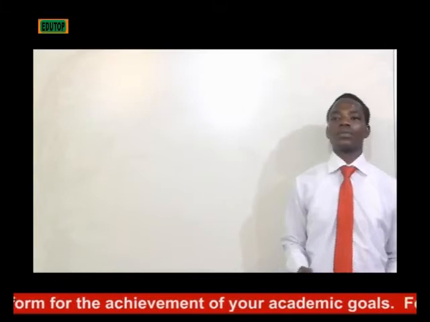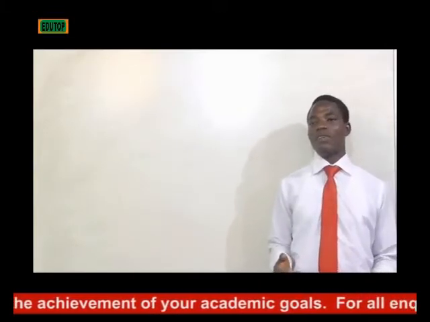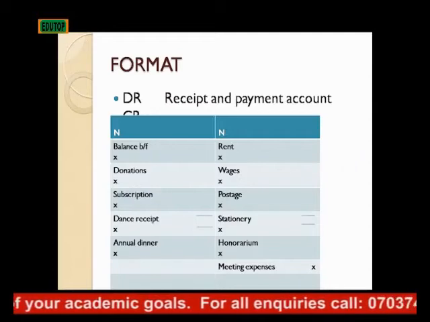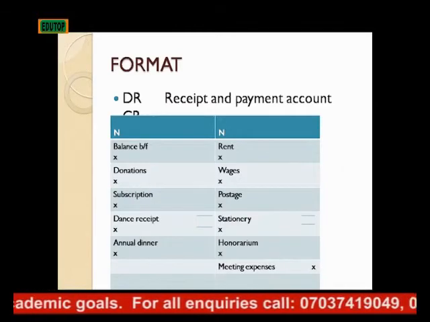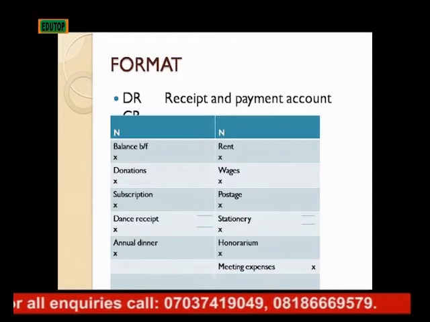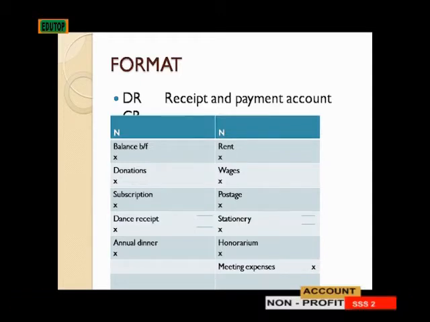What is the format of receipt and payment? Likewise, we have a debit side and a credit side. We have the balance b/f, which is the cash in hand, the opening cash. We have donations.